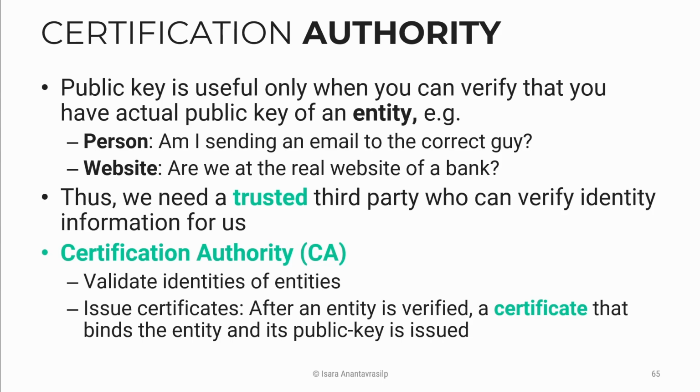The certificate is a digital piece of information that binds the entity and the public key of that entity. It proves that the CA verified that this public key actually belongs to Bob, either he is a person, or a company, or a legitimate website.